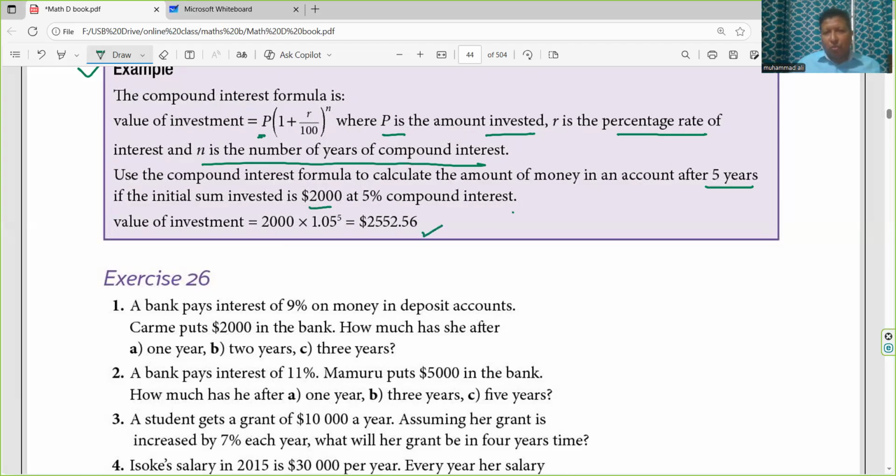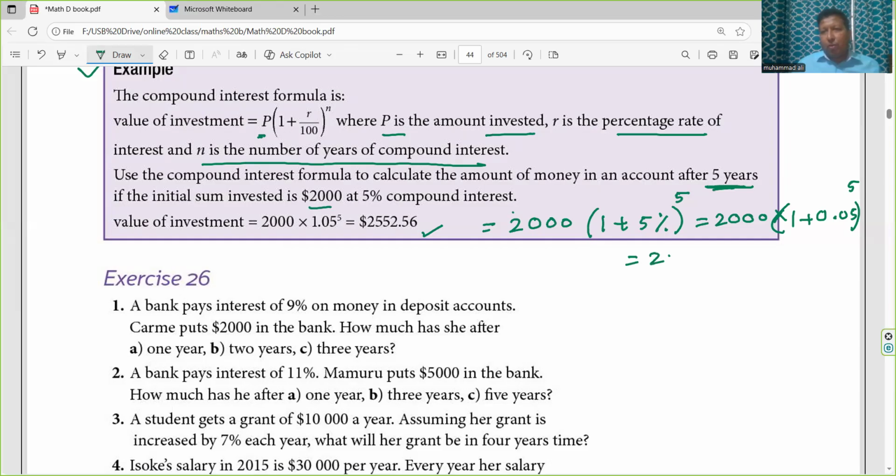If we do this math, we write 2,000, then 1 plus r%. What is r? 5%. And n, the number of years, is 5. So it will be 2,000 multiply (1 plus 5%, meaning 0.05) to the power 5.